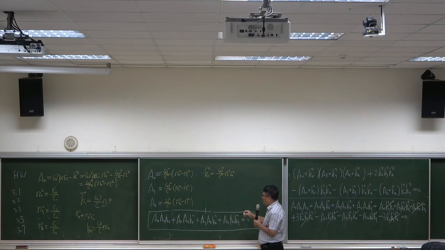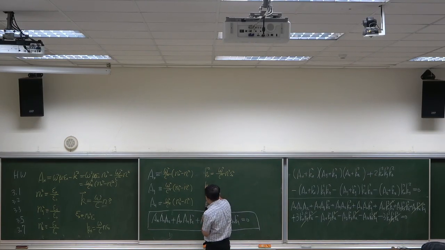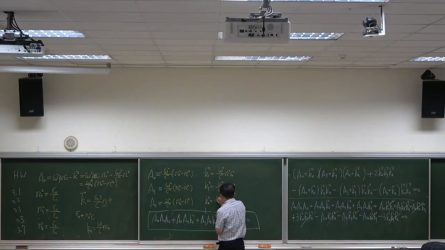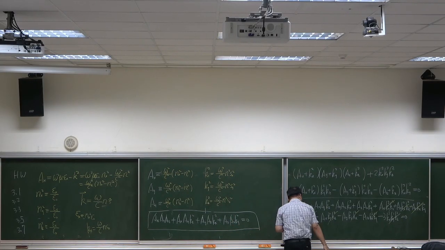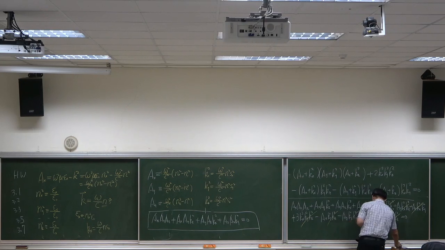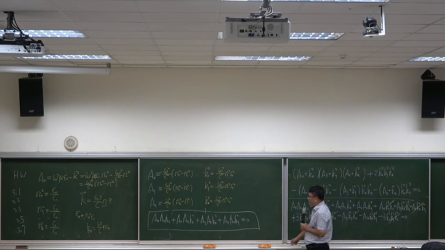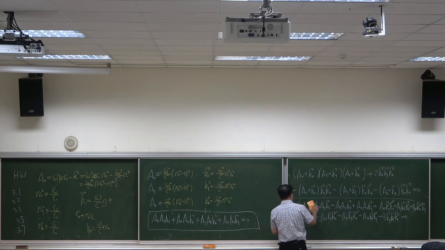And ky squared is omega squared over c squared n squared sy squared, and kz squared is omega squared over c squared times n squared times sz squared.